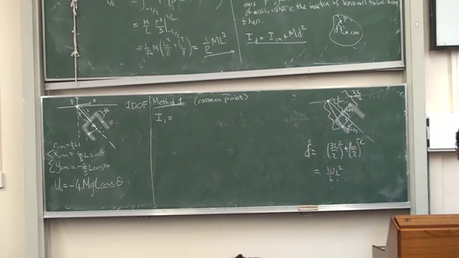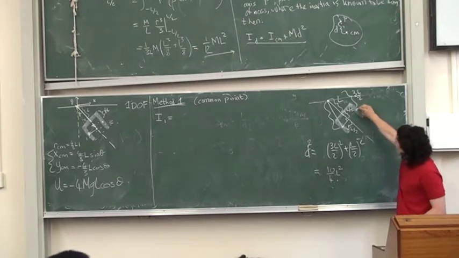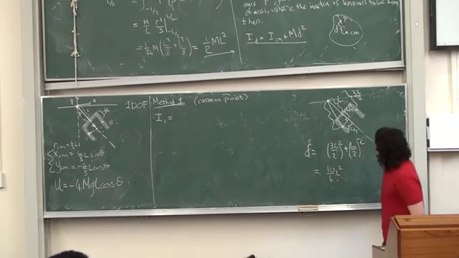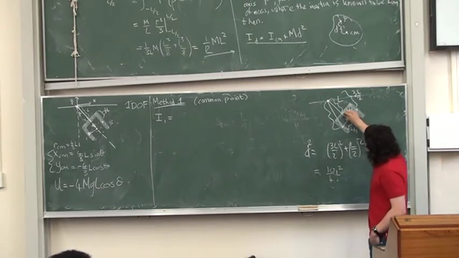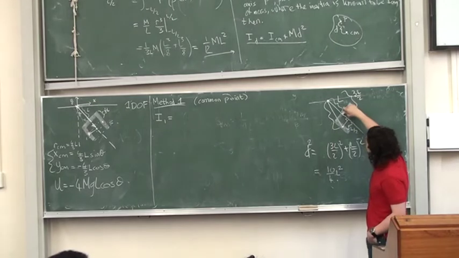Right, that's D squared for the first rod. What's the distance to this one going to be? Exactly the same, exactly. And the distance to this one? Not the same. Very simple, this one.